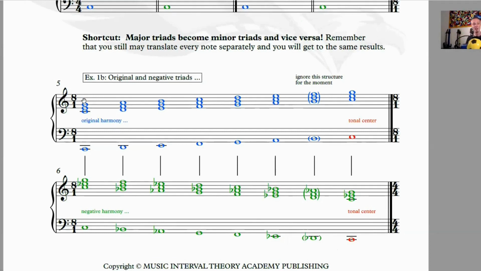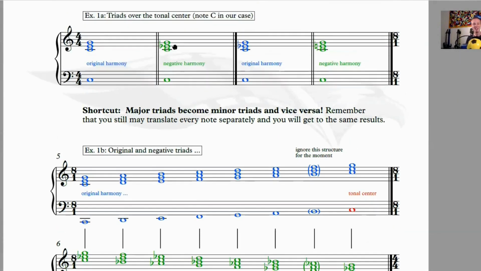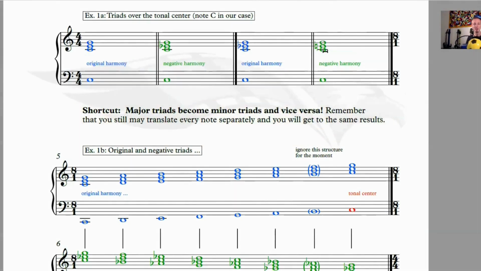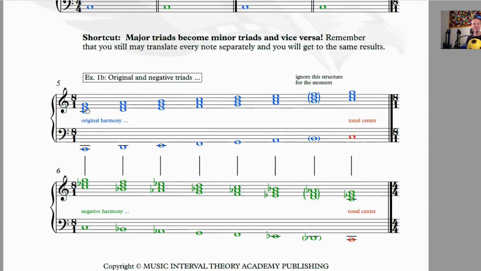Now, let's just look at the treble structures here for a second. And having this shortcut in mind, that every major triad becomes minor over the respective root tone, and every minor triad becomes major. So let's see. This little C major right here, this is the example from above. Obviously, this becomes a C minor triad.